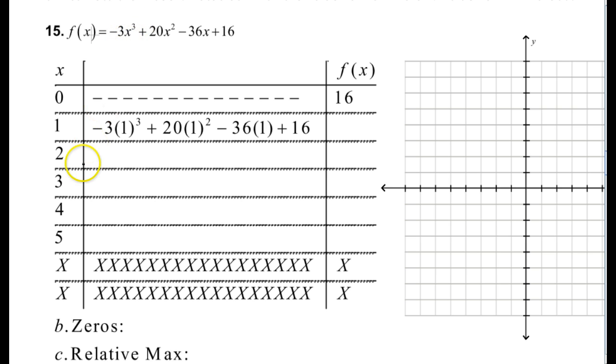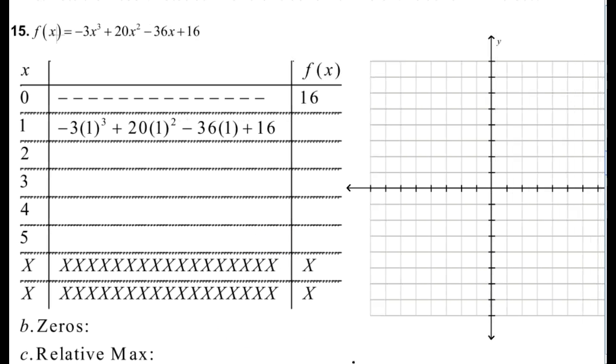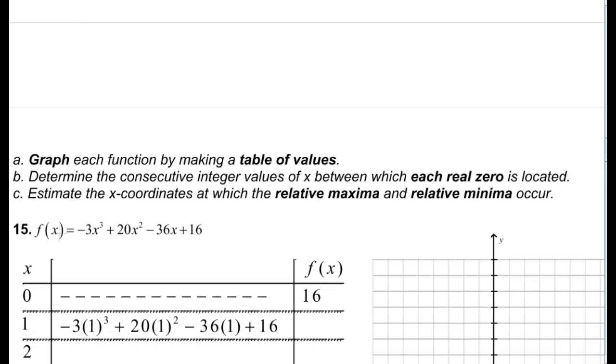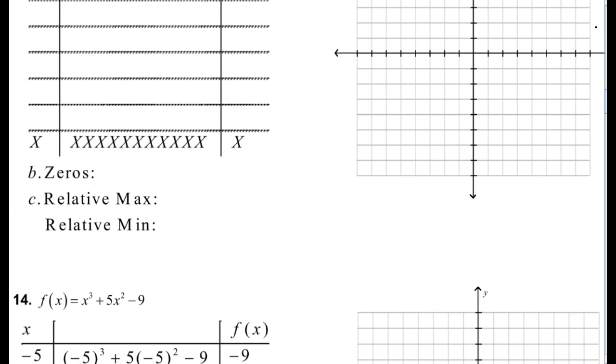Let's do negative 3 times 3 cubed plus 20 times 3 squared minus 36 times 3 plus 16. Synthetic division might be a lot faster in order to complete this table and get a more accurate graph. Also, if you find yourself getting a weird answer using one method, try synthetic division. Maybe you get the more accurate and correct answer using that. So you got multiple methods for doing the same thing.